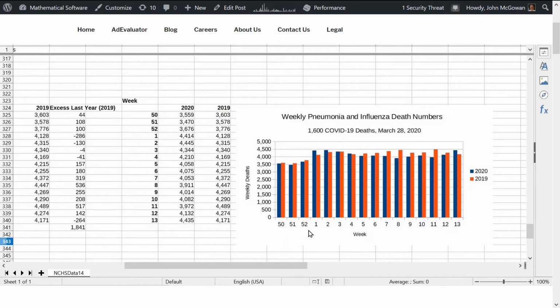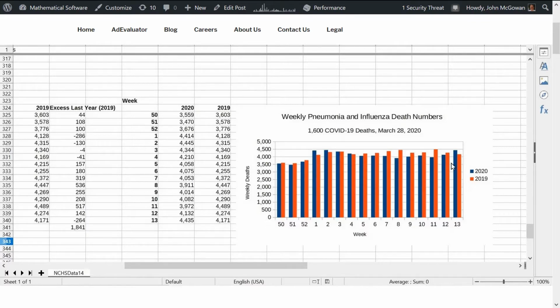Week 50 through 52 would be weeks 50 through 52 of 2019. And in 2019, a year ago, which is what the red bars refer to, 1 through 13 would be weeks 1 through 13 of 2019, and 50 through 52 would be the ending 3 weeks of 2018. The vertical axis is the weekly deaths in thousands.